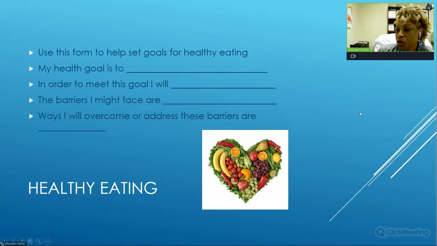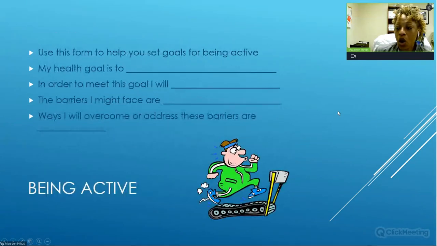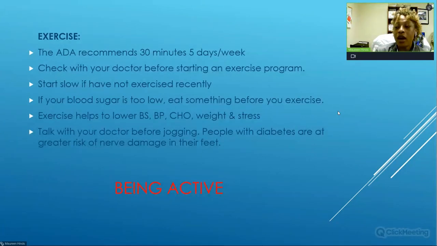All right. So moving on, let's go back to exercise. The American Diabetes Association recommends that we exercise, as I mentioned earlier, 30 minutes, 5 days a week. For those who have not exercised, maybe 5 days a week is not the best thing to do right now.